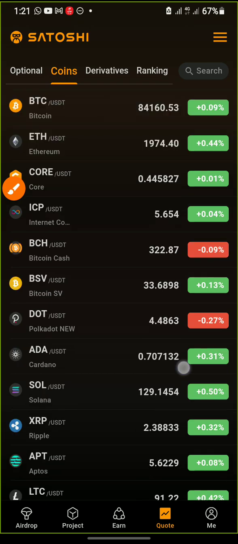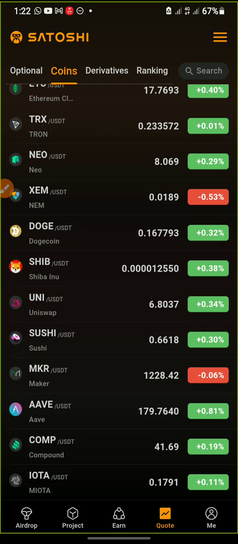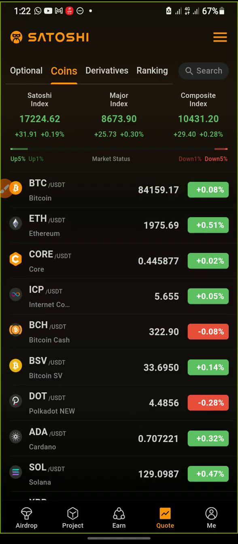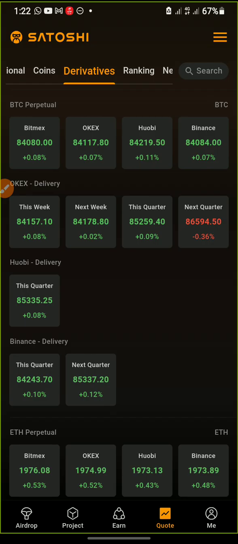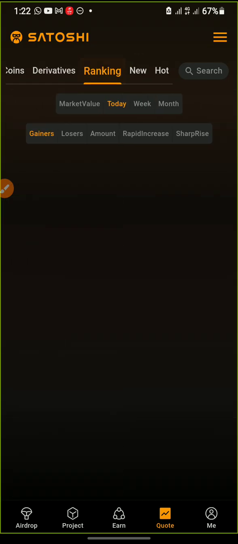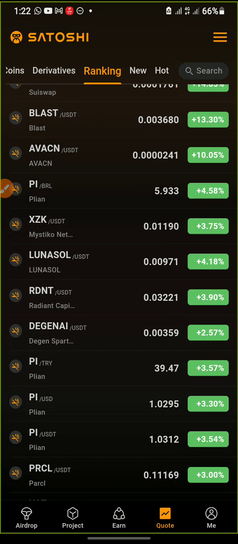Pi is not here. Let's check, we can see Pi. Okay, this is the current value of Pi. This is Pi, actually. Pi USD.